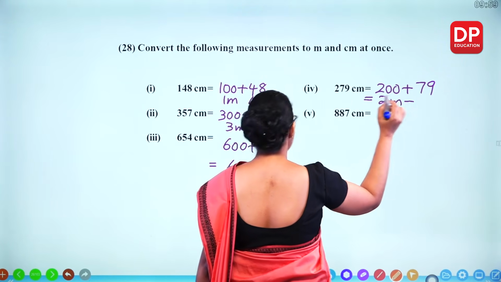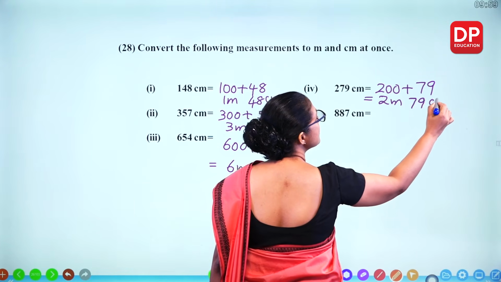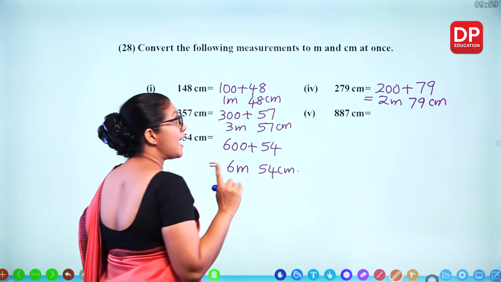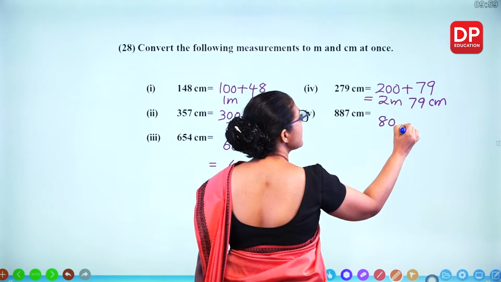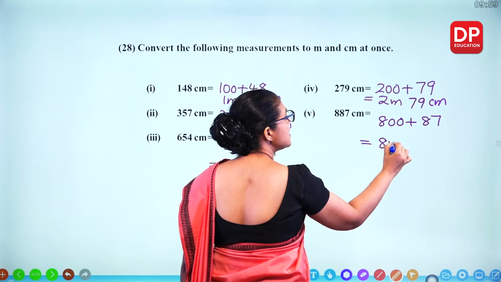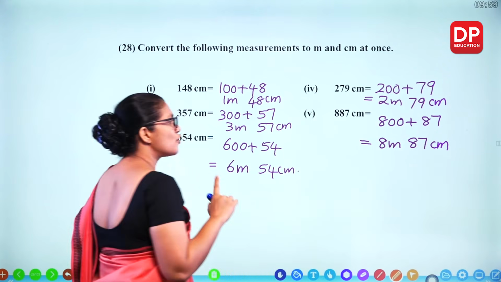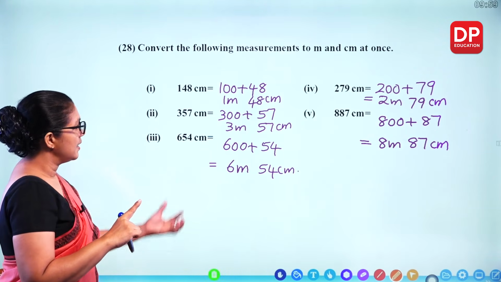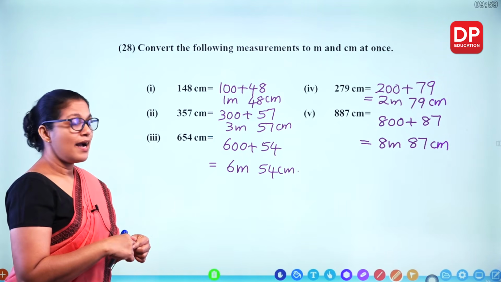That's 2 meters and 79 centimeters. 887, I can write as 800 plus 87. So you get 8 meters and 87 centimeters. So when you split into hundreds, it's easy to divide by 100.